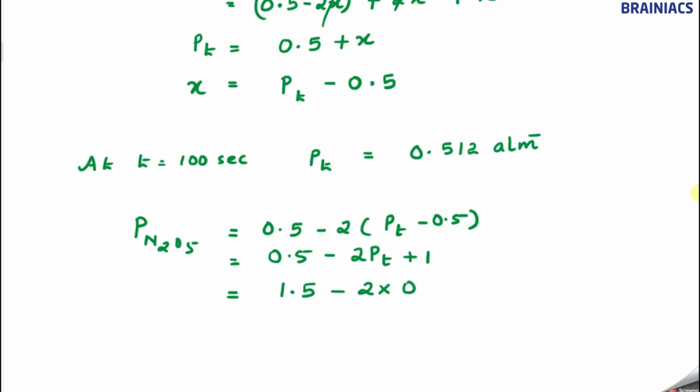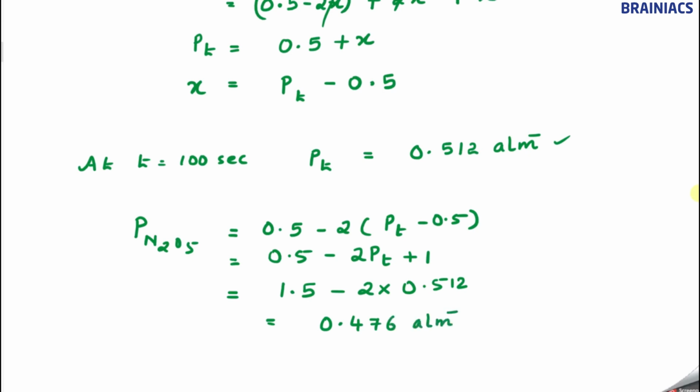PT is 0.512, the total pressure we already know. If you calculate this, you will get the value of the pressure of N2O5 after 100 second, and this value will come around 0.476 atmosphere.